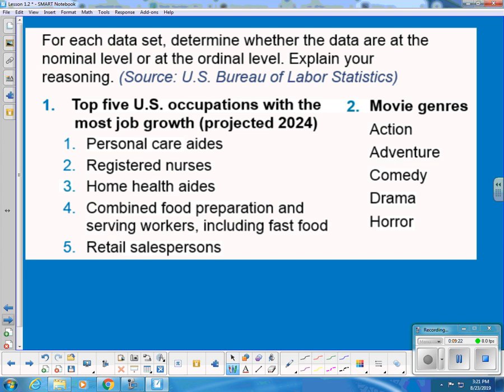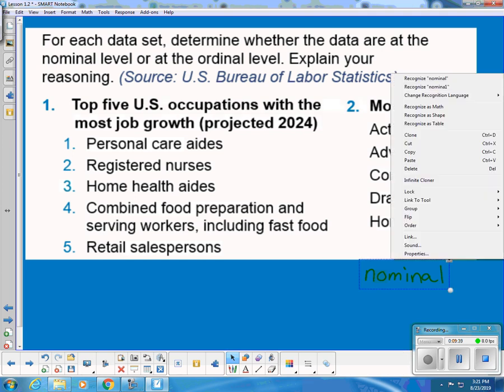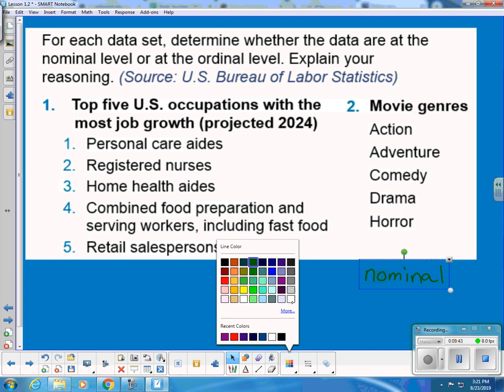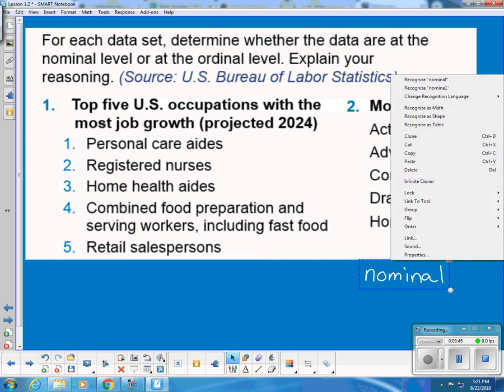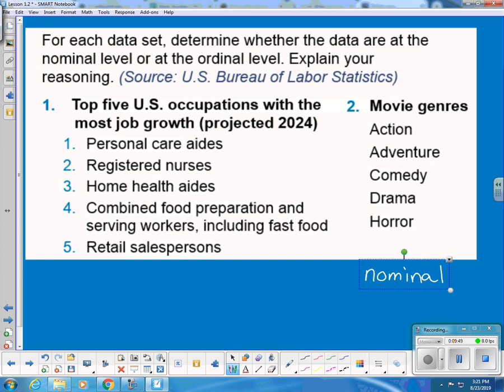So if you can rank them, it is going to be ordinal. If you can't rank them, it's nominal. Okay, and then ranking them is ordinal.